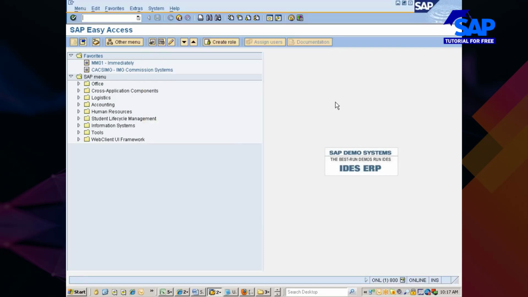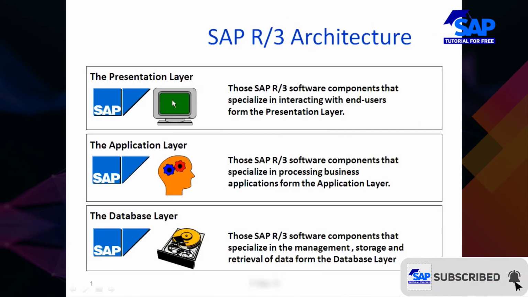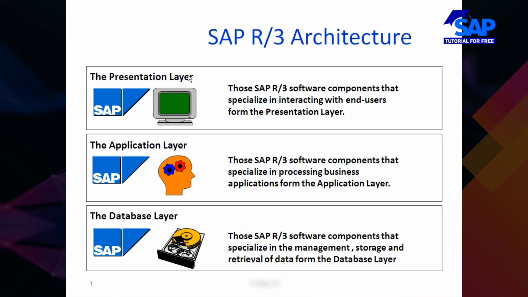So let me get back to the screen. The user ID and password that I entered here will not get validated in the laptop which I am working with. Where will they get validated? They get validated in the SAP application server, which is simply the SAP server.